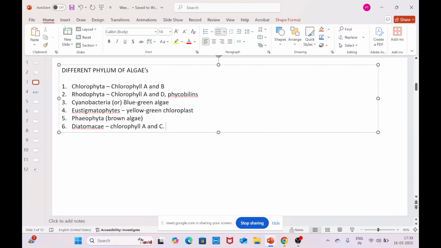So these are the different phylums of algae, and one thing we have to remember particularly is that we need to think about the lipid content present in them. We want to choose a phylum of algae which can produce higher lipid content, so that it will be advantageous for us to go for biodiesel production or get a higher biodiesel content from them.